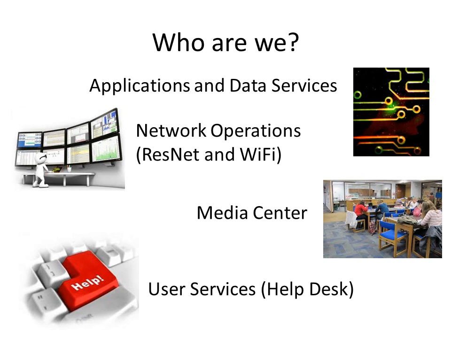Network Operations is what provides the wireless networking and residence housing network connectivity across the campus. The Media Center is a large area of resources and one of our major public labs. And User Services is the help desk and support center for the entire campus.